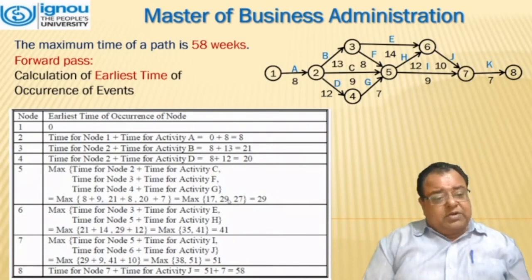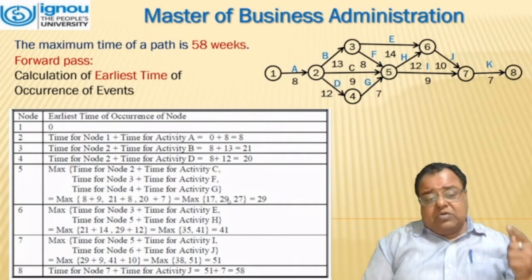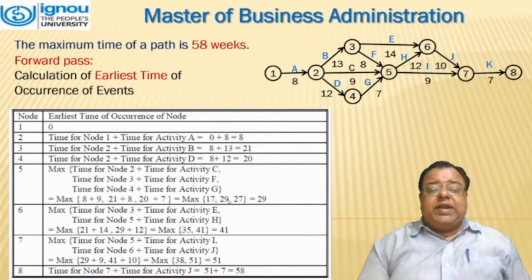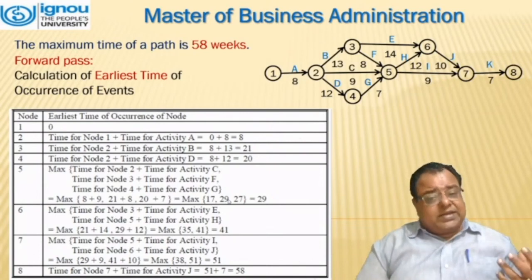From node 1, it is 0, as it was told earlier that the initial time will be 0. At node 2, it is basically time of node 1 plus the activity time of A. That is 0 plus 8. That means we can say that when we have reached node 2, we have completed 8 weeks time.